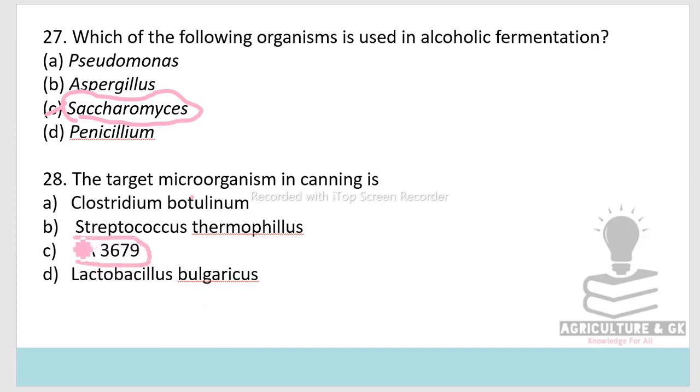It is also known as surrogate of Clostridium botulinum. So the target microorganism in canning is PA3679. It is used to validate the thermal processing strategy used during the canning process to extend the shelf life of product and protect it from deterioration. So our answer here is option C.